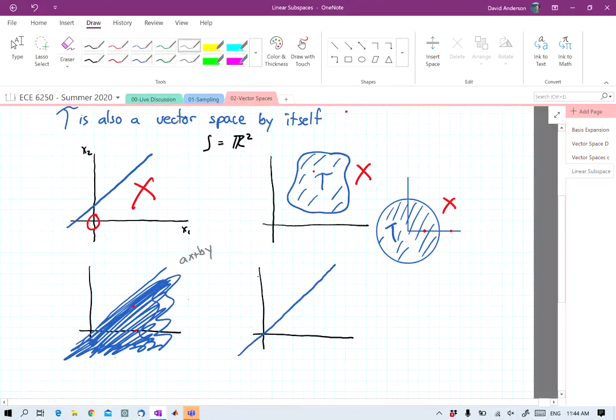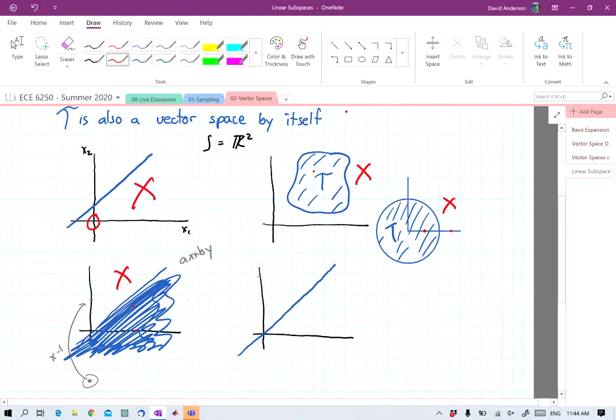Well, if I chose this point down here, shown in gray, which is in our space, and I multiplied it by -1, it goes up here, which is outside the space. So it looked promising for a moment, but it didn't make it either.